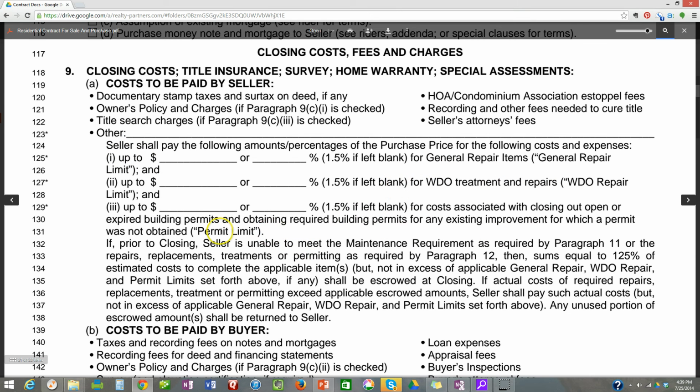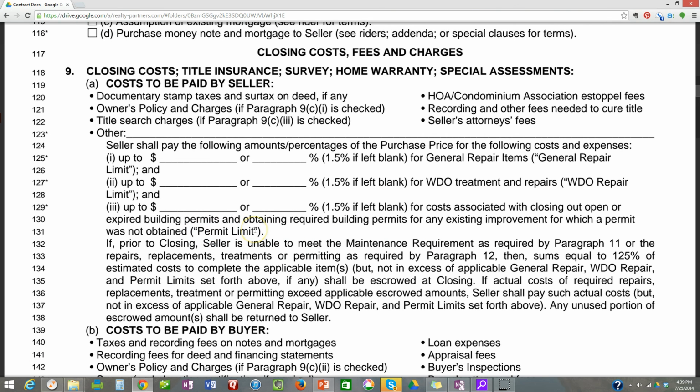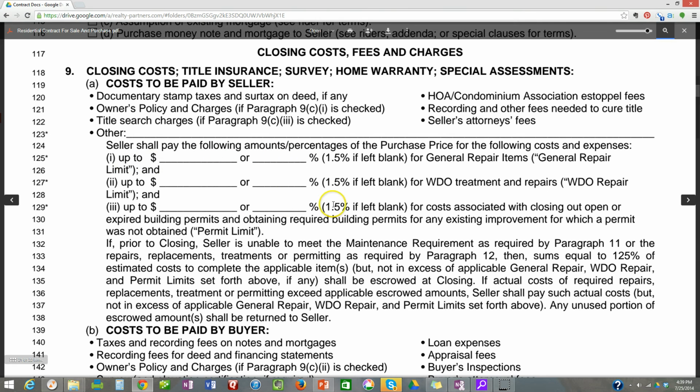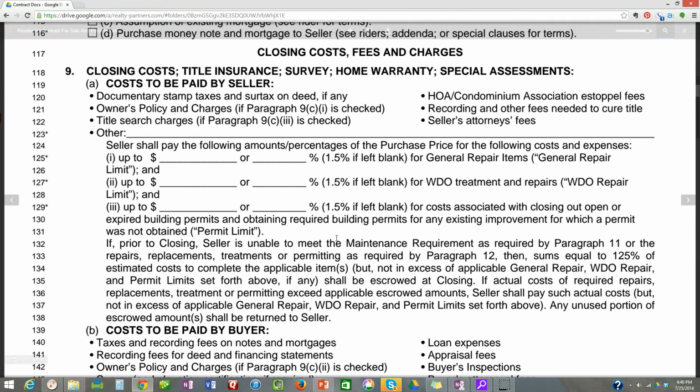Now, sometimes you may have a seller that does not want to pay for any repairs, and if that's the case, you can put 0 in here or 0% into the repair limits, and then what that means is once there is an inspection done, and if repairs really are needed, then the seller can refuse to make the repairs and the buyer could cancel.